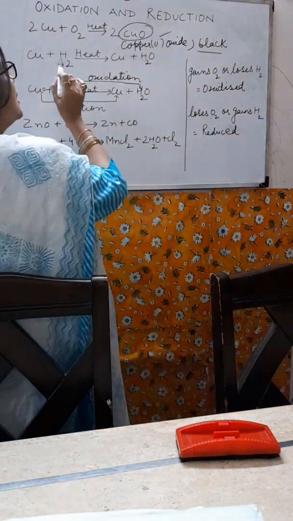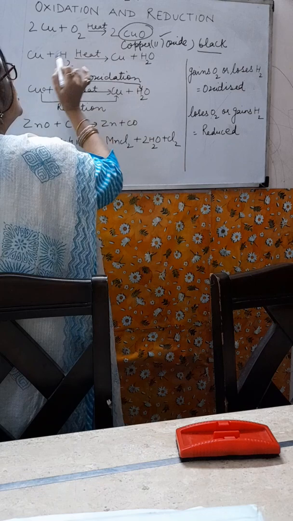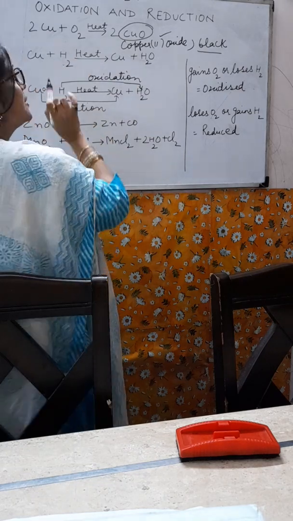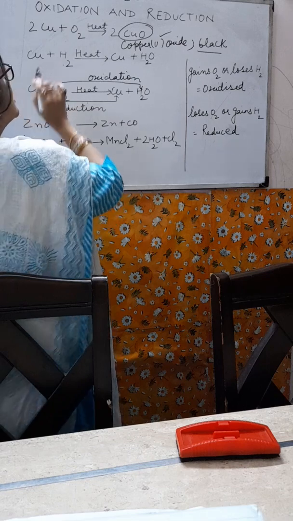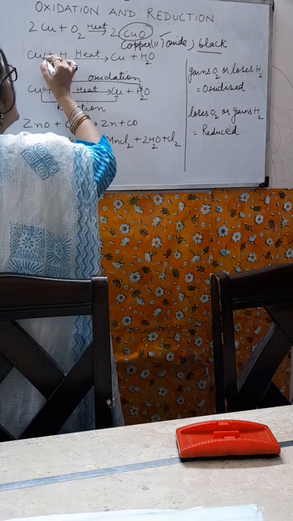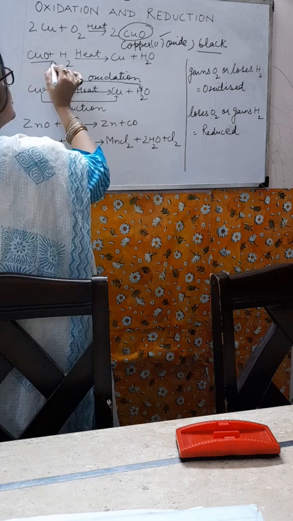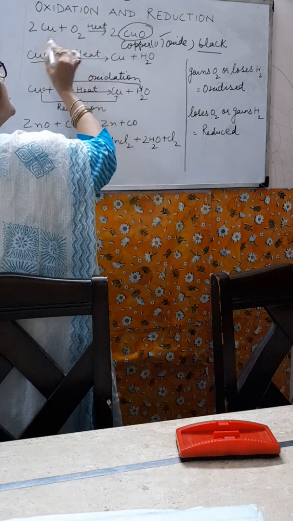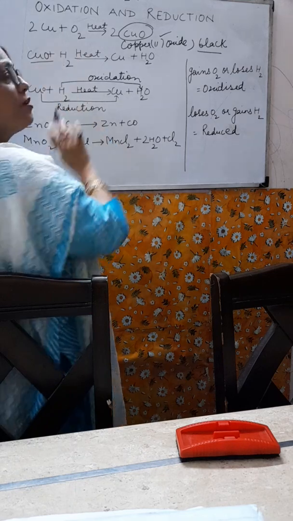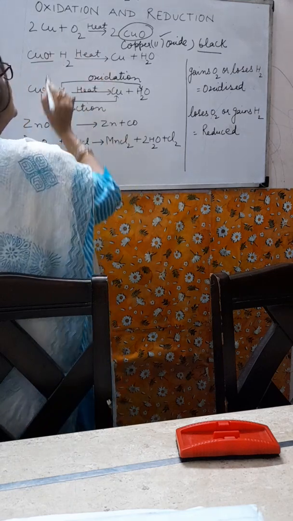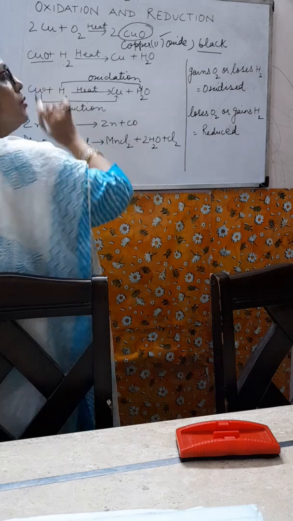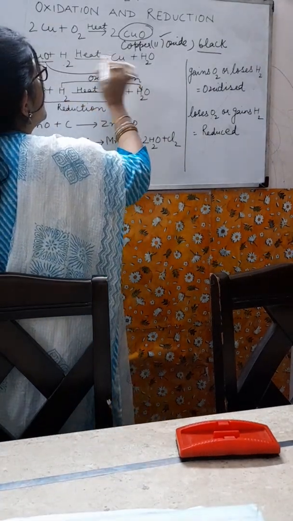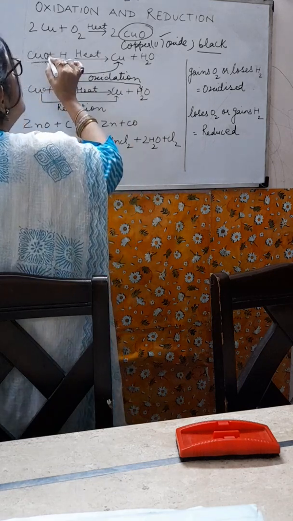Now if you pass hydrogen over the same substance, what will happen? This is copper oxide, the product formed after this reaction. If you pass hydrogen over it and heat it, this copper oxide will again turn to copper, because it will lose oxygen.